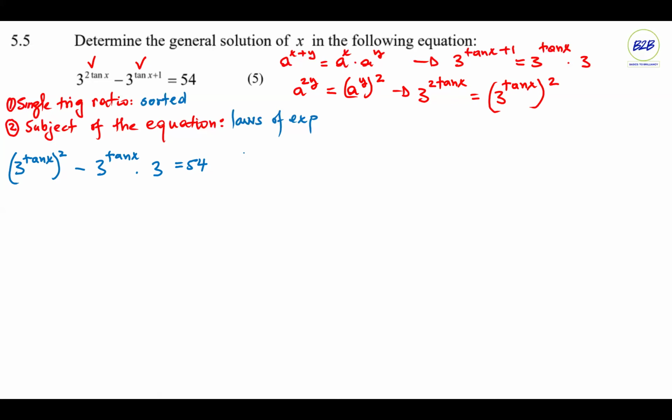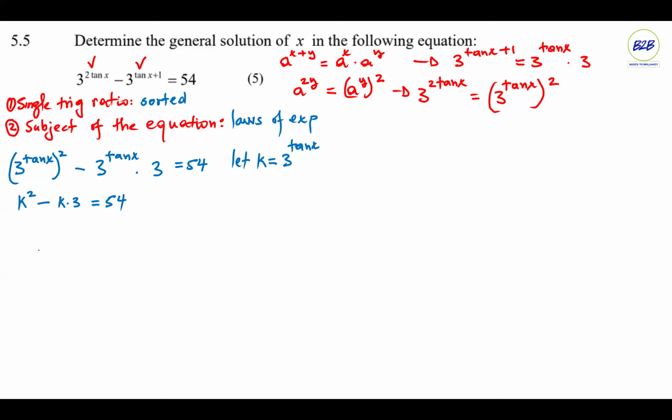And what is that? We can let k be equal to 3 to the power tan x, the k method. Remember about it in algebra. So in the place of 3 to the power tan x, we will say now k, which will be k squared, minus, in the place of 3 to the power tan x, we will say k times 3, all equal to 54.